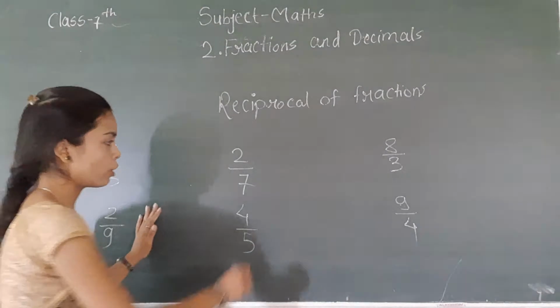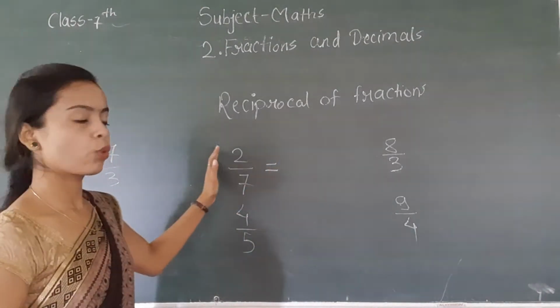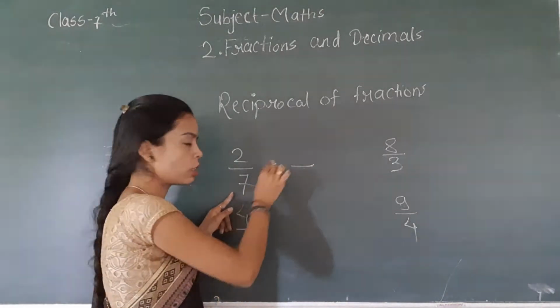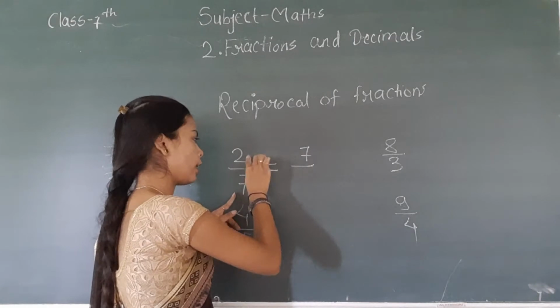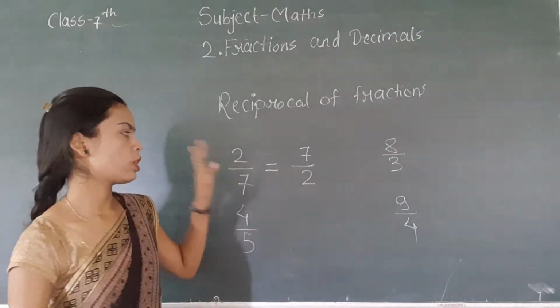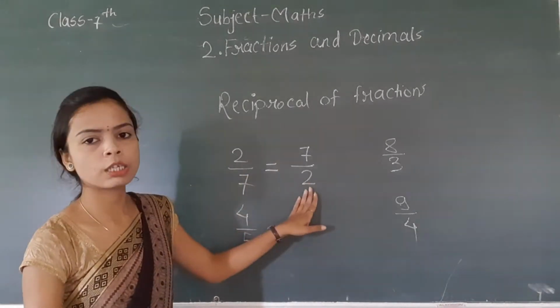To write the reciprocal, you place the denominator term in the numerator and the numerator term in the denominator. So 7 by 2 is the reciprocal of 2 by 7, and 2 by 7 is the reciprocal of 7 by 2.